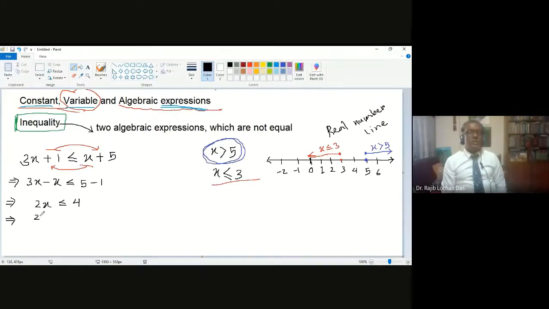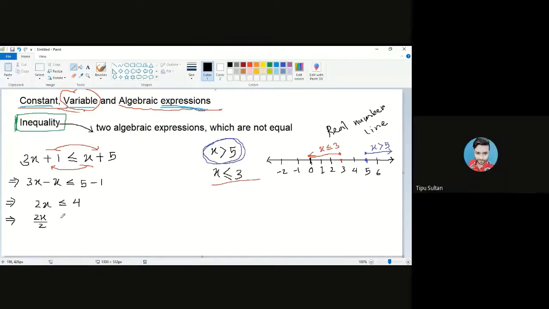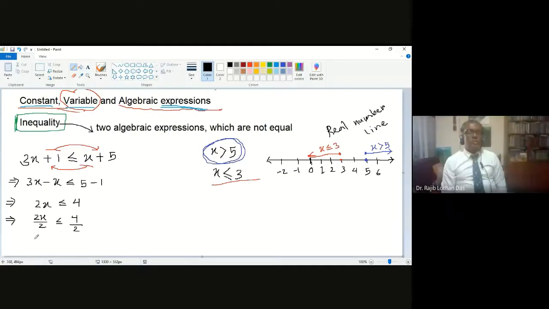So it is actually 2x by 2 and 4 by 2. Right. So on the left side only x, and on the right side only 2. So x less or equal to 2 is our answer. And you can show it in the number line.